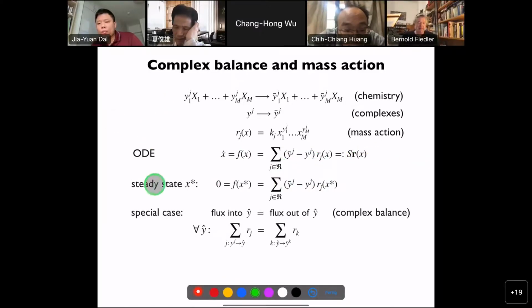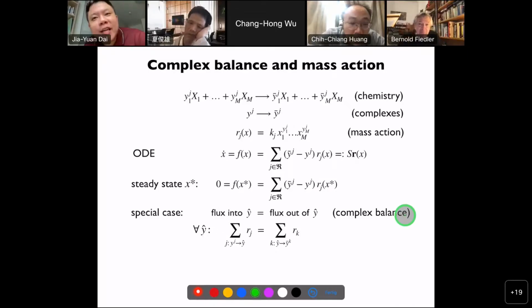And now a special case of equilibria. A special case is when x star is such that complex balance. Yes, question. So you need a steady state to be positive, right? Well, yeah. Okay. I mean, if you want it to be meaningful in chemistry, you want x star positive. Yes. Let me note this.